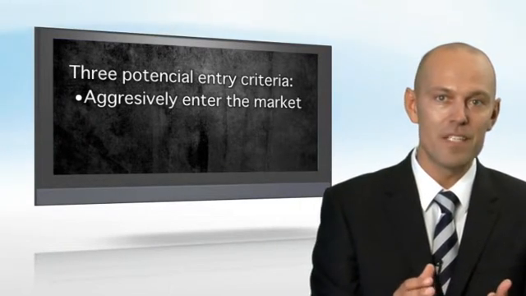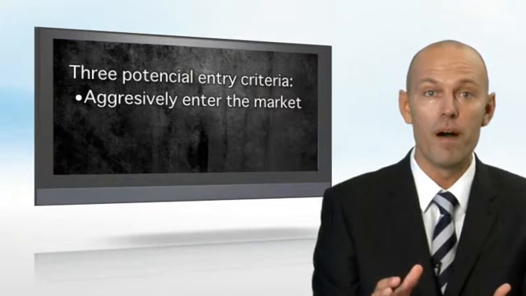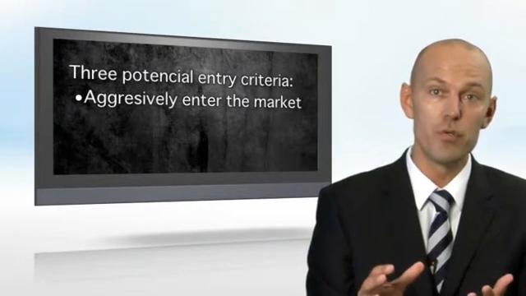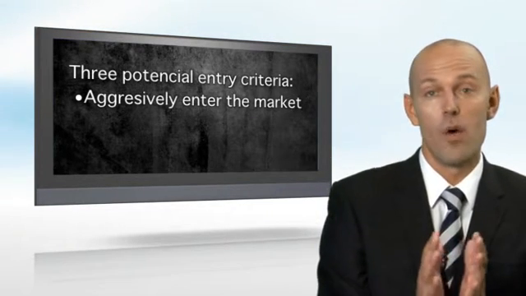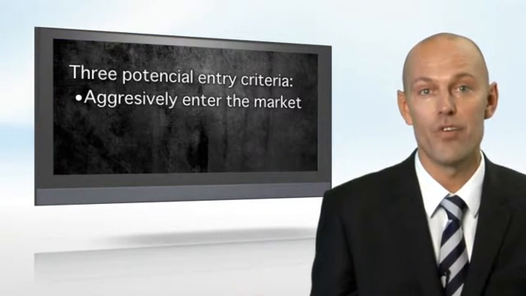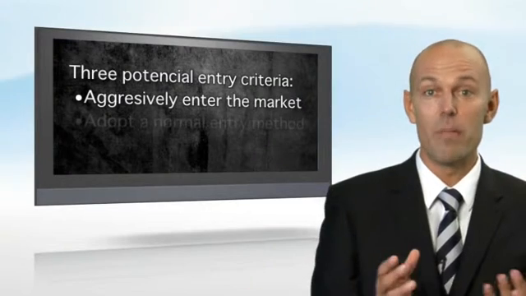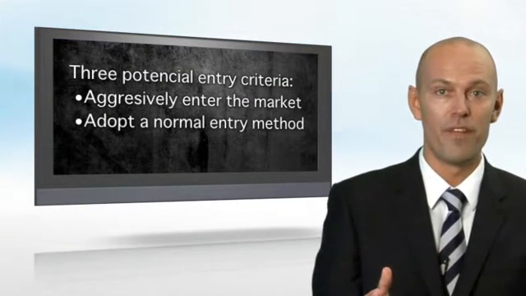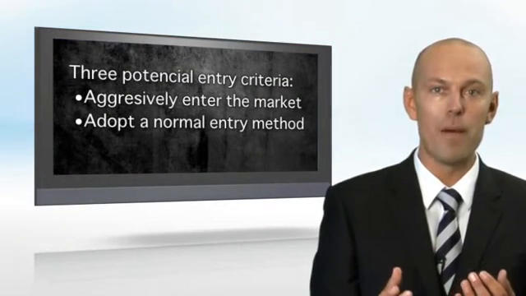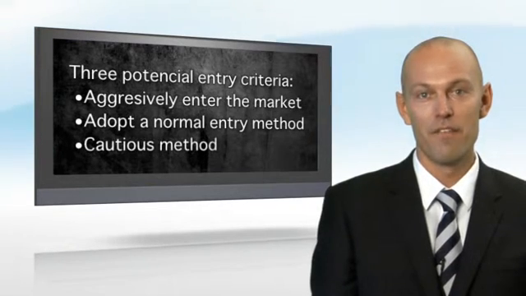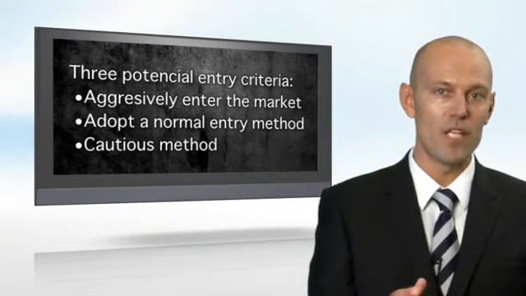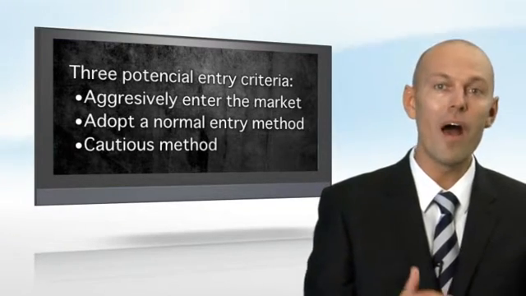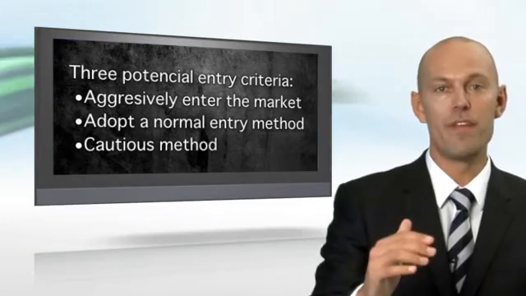And if the trader enters the market on the assumption that an engulfing bar will print and it fails to do so, well, then I have to consider my options, and one of those options of course is simply to get out of the trade. The trader may adopt the normal entry method, which involves waiting for the engulfing pattern to complete. Finally, there's the more cautious approach to trading, whereby the trader waits for the next bar to trade through the high or the low of the engulfing bar.